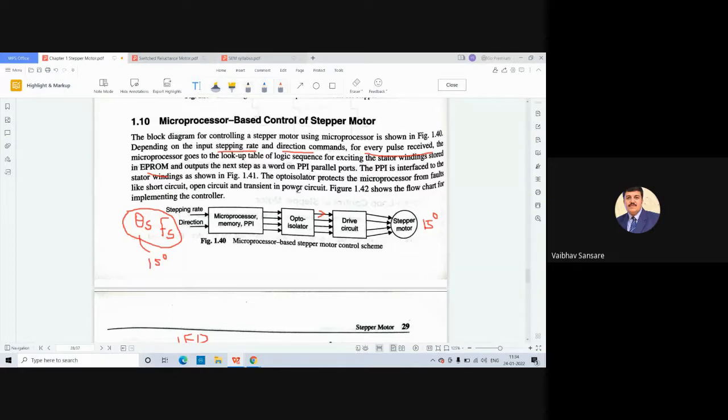I have already discussed the purpose of this opto isolator. The opto isolator is generally used to protect the control circuit, that is the microprocessor, from the faults which take place on the power circuit. These faults may be short circuits, open circuits, or transients in the power circuits.